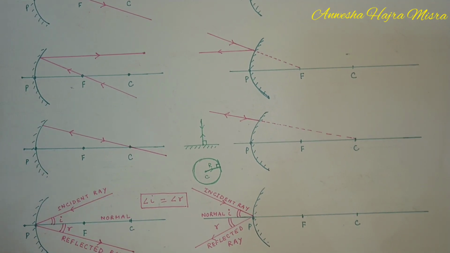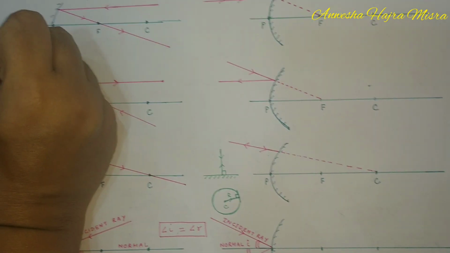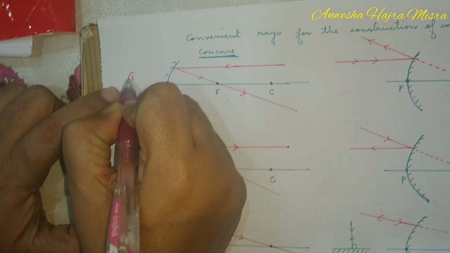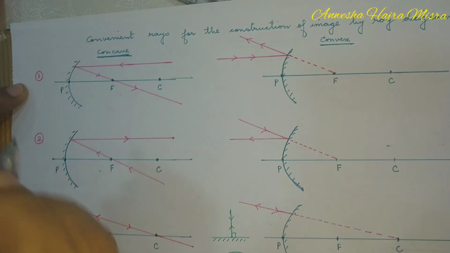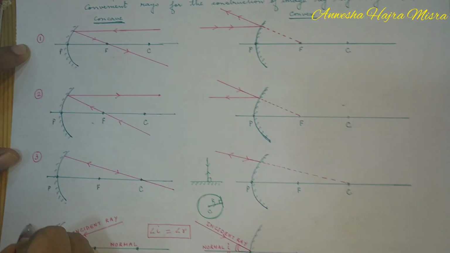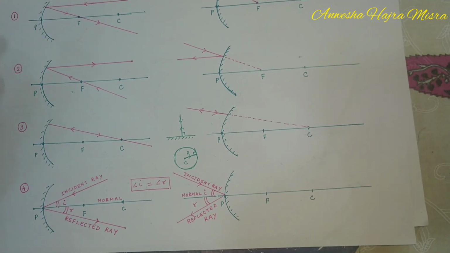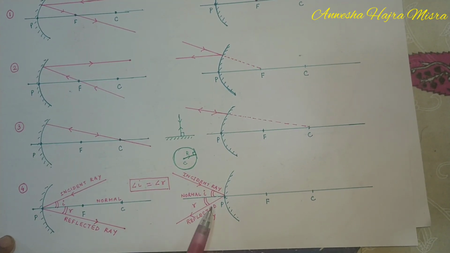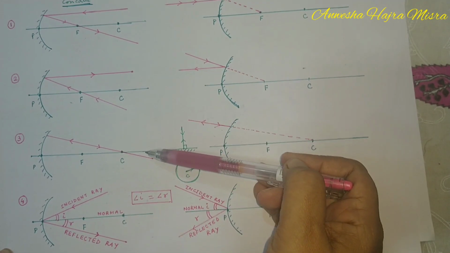Children, while drawing ray diagrams, try to follow this number 1 ray, number 2 ray, the third. Try to avoid 4. While drawing your diagrams, try to avoid this 4th ray. Try to complete your diagram with these 3 rays.